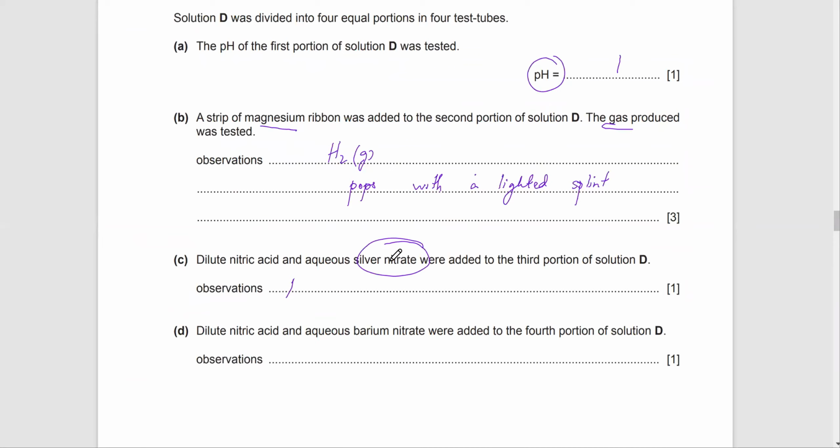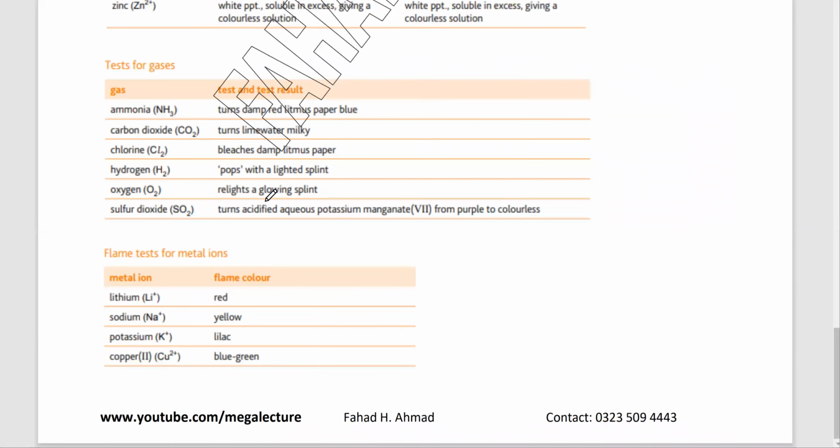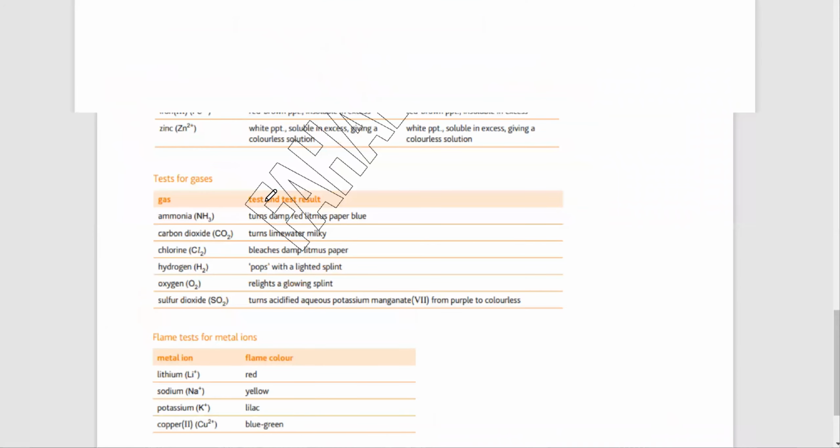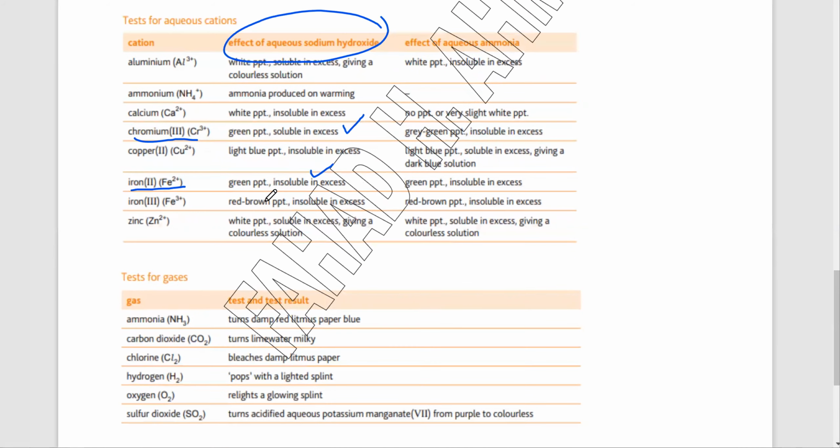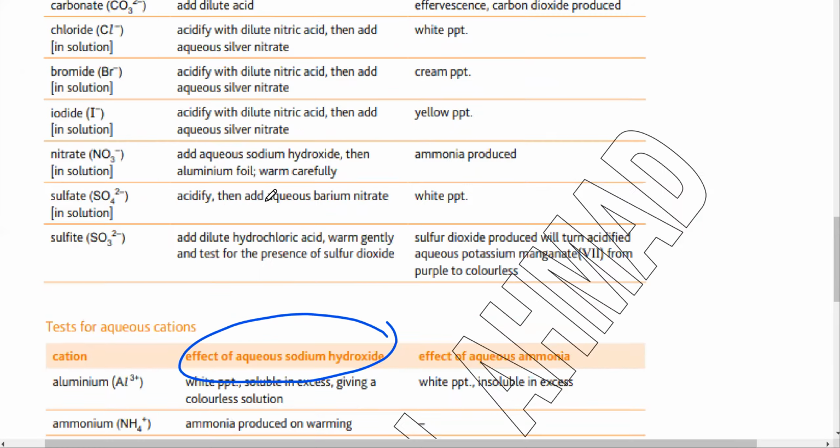Next, silver nitrate. What is silver nitrate used for? Which test involves silver nitrate? It's here, in these tests you add silver nitrate. It's a test for Cl-, Br-, or I-, and you get different precipitates when you test them with silver nitrate.